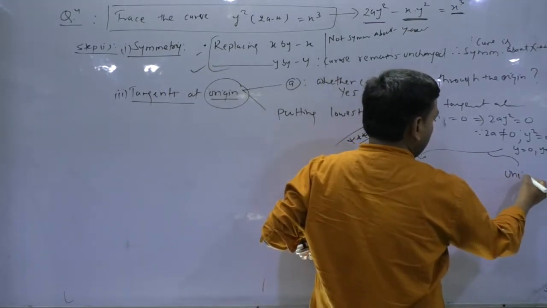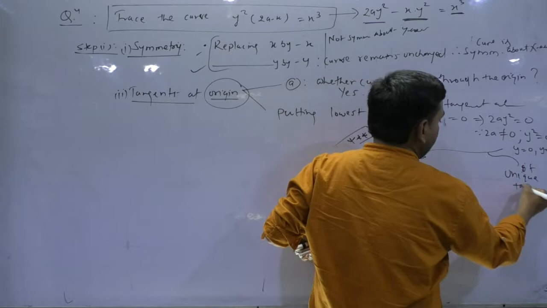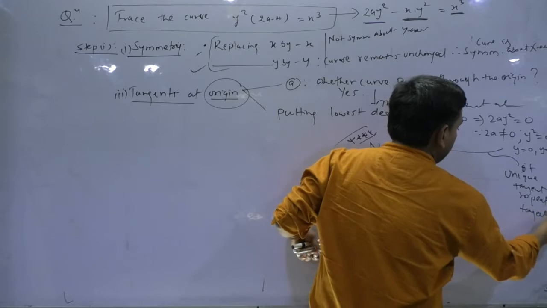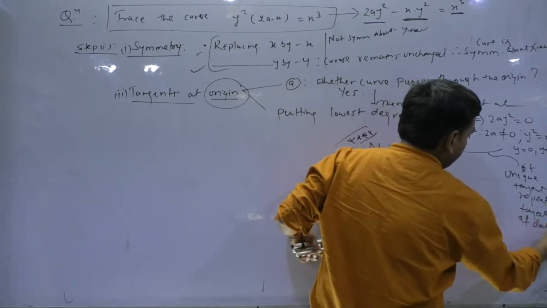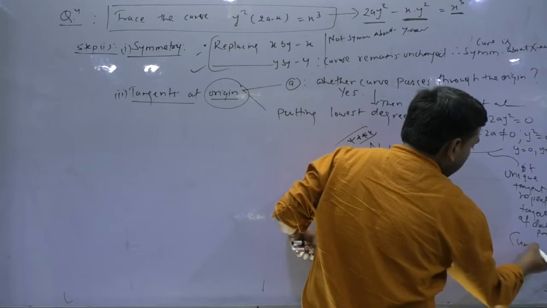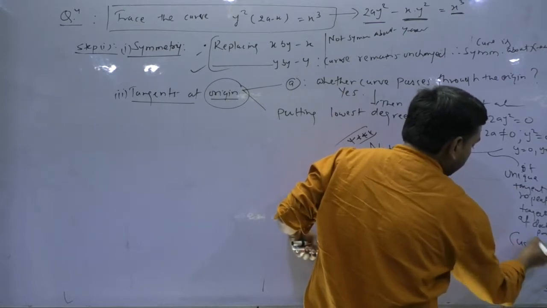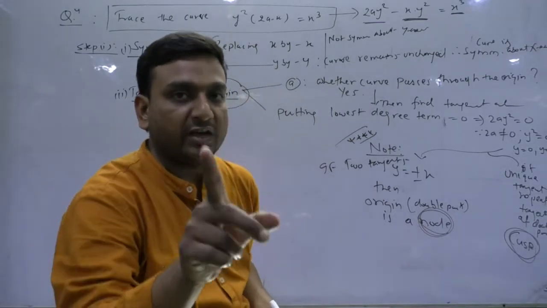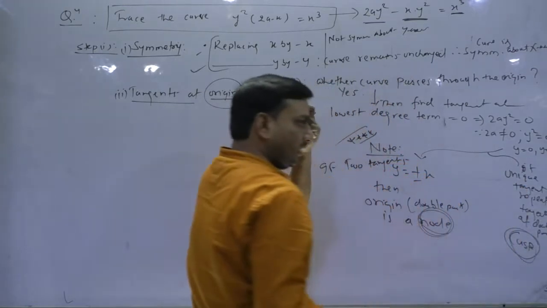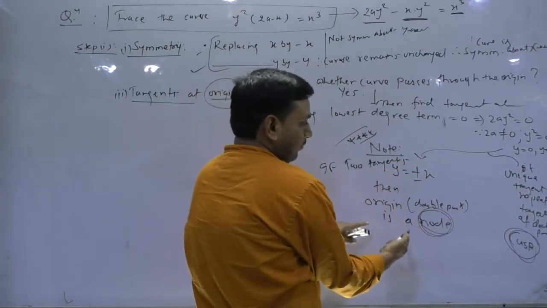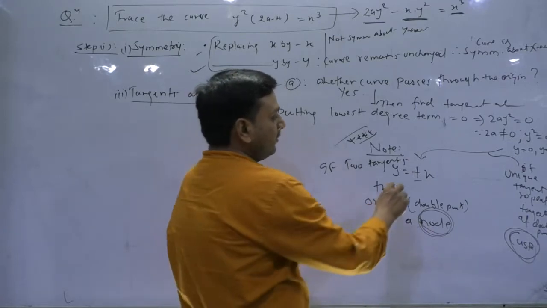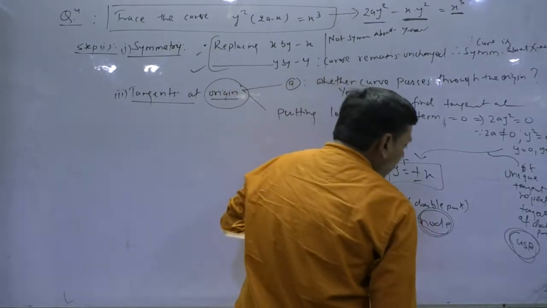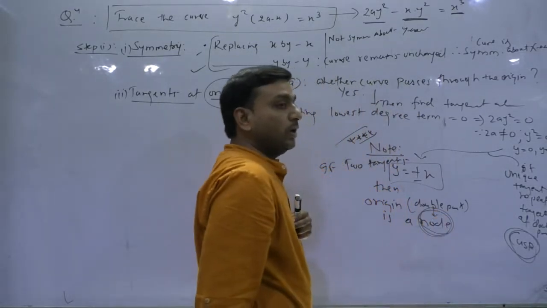If unique tangent or you can say repeated tangent at double point, तो बोलेंगे इसको cusp. क्या बोलेंगे बच्चे? cusp. किसको cusp बोलेंगे? The point, the double point itself is known as cusp. If there is one tangent only, repeated tangent, if that double point is having at that point two tangents, different distinct tangents, then that double point is known as the node.